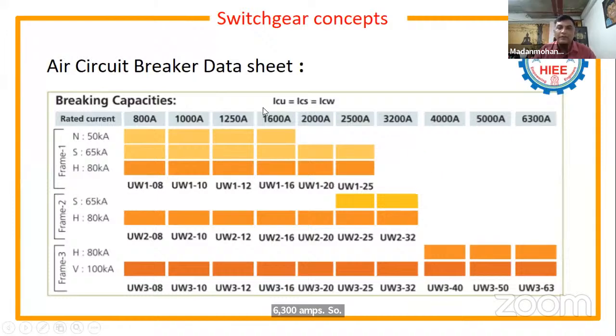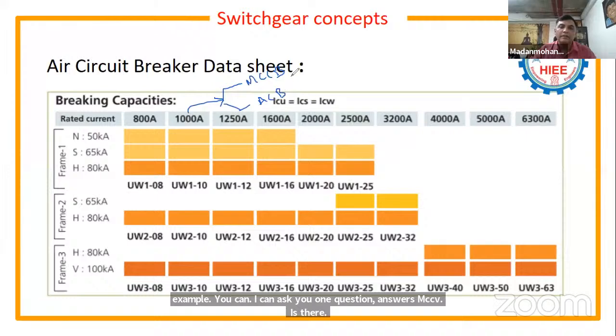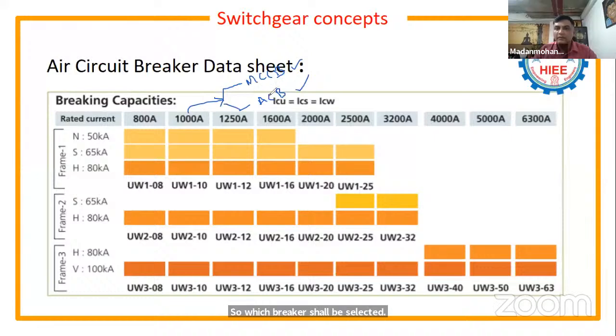Now you may have a doubt. For example, I can ask you one question: 1000 amps MCCB is there, and ACB is also available. Which breaker shall be selected? When both breakers are available for 1000 amps, which is the right selection? Generally, ACB is used in the incoming feeders.